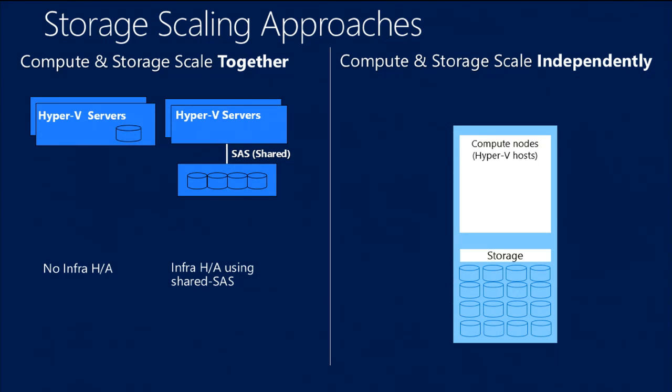In 2012, we enabled a new scenario, which is connecting shared SAS disks to multiple Hyper-V servers. Storage Spaces is used here to allow those Hyper-V hosts to share the same JBOD, the same storage pool.